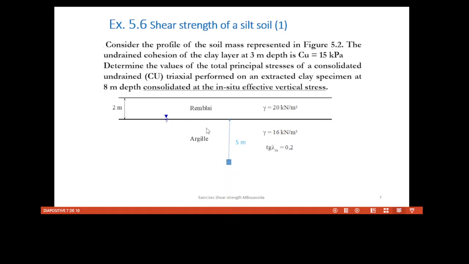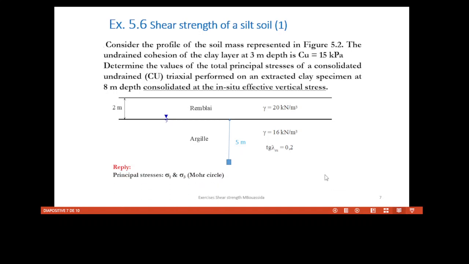So here I put 5 meter, but we need to calculate at 8 meter, so this should be 6. So note that for this clay we have the total unit weight of 16, and the tangent lambda Cu, the increase in undrained cohesion, is 0.2.